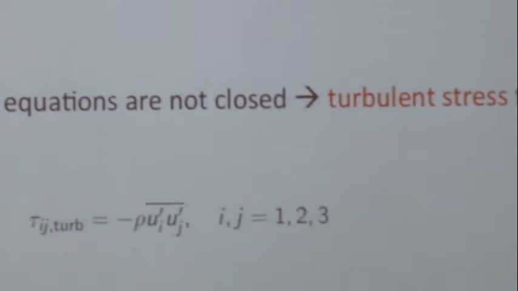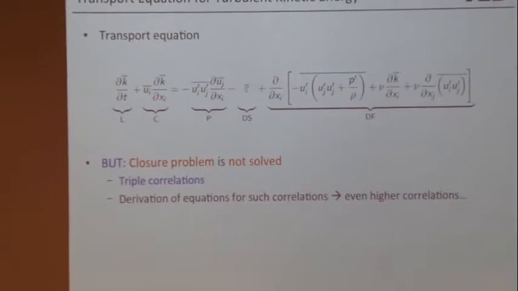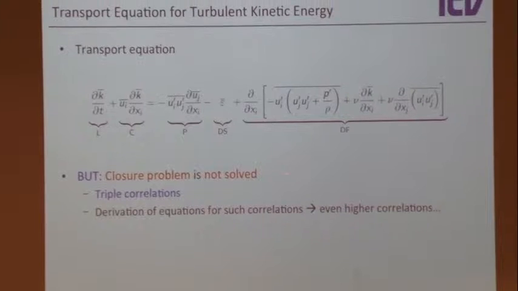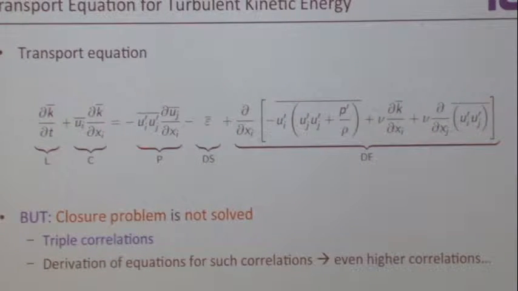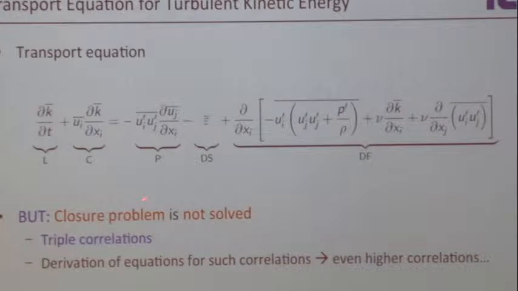So let's see if we say anything about this. This is the K equation. And so all we need to do now is, this we don't need to model anymore, right? Because this is closed. If I have a model for nu t, that gives you a model for ui, uj. So within this model, this is closed already.